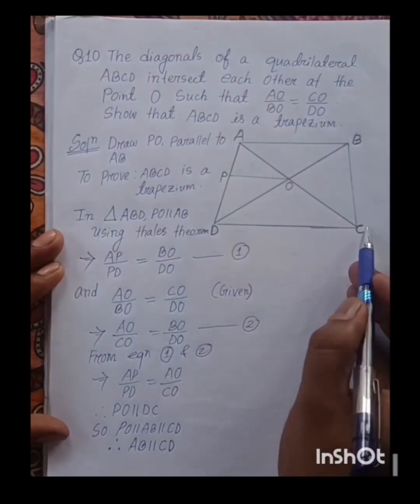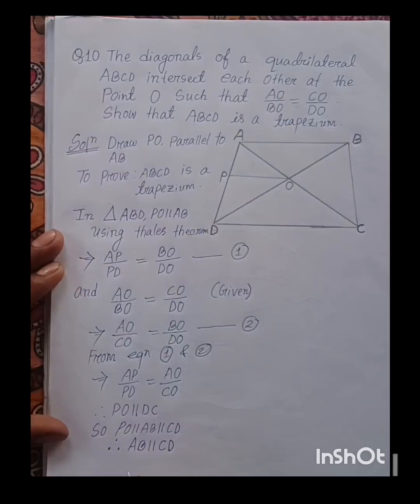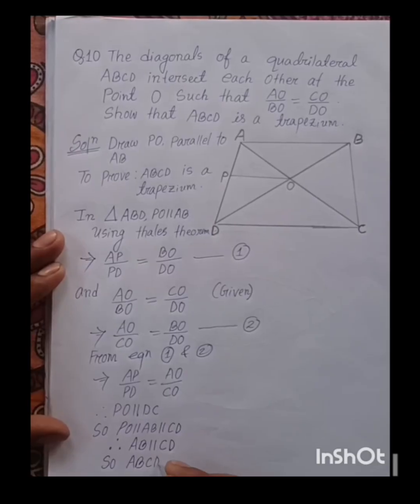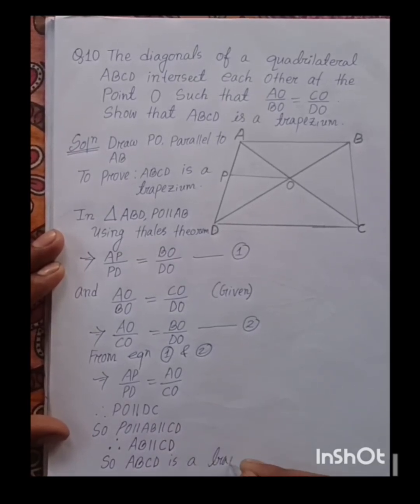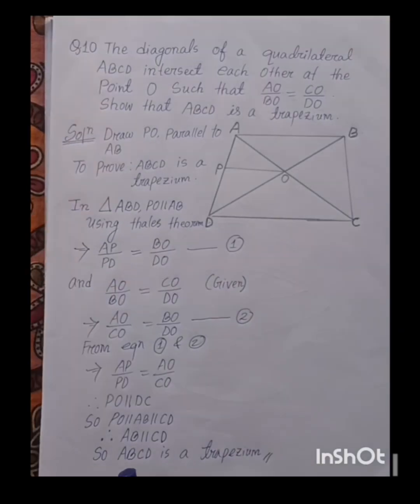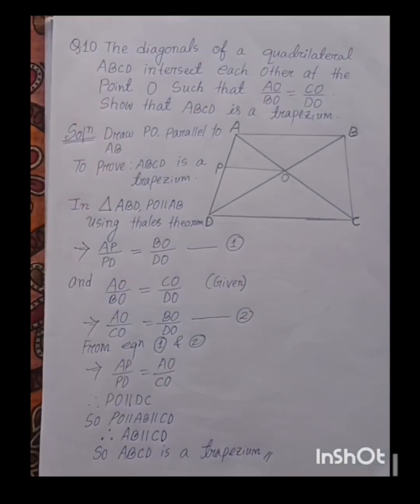If AB parallel with CD, then ABCD is a trapezium. So ABCD is a trapezium, hence shown.